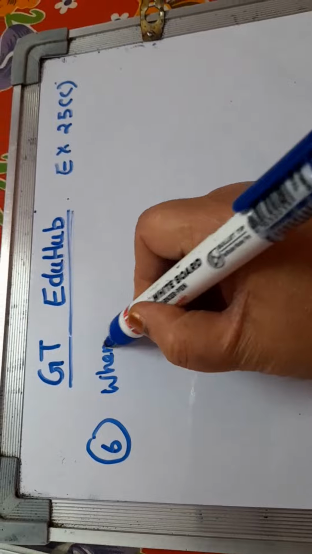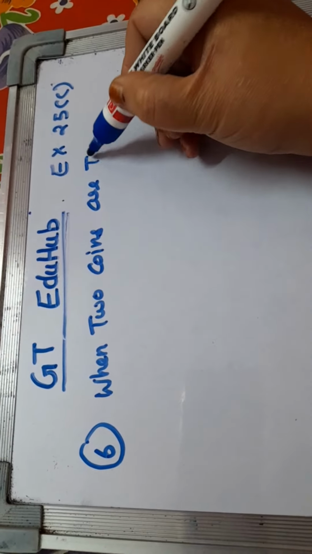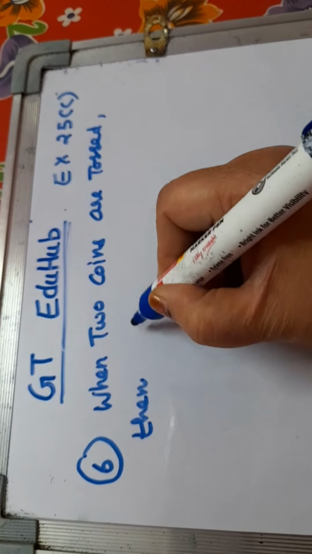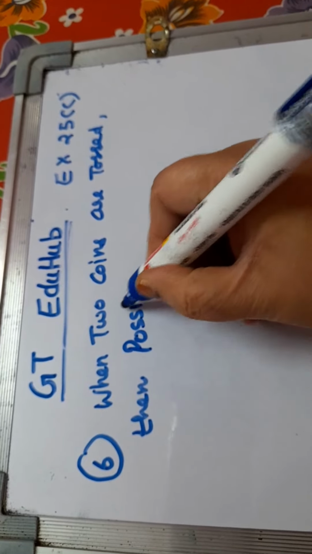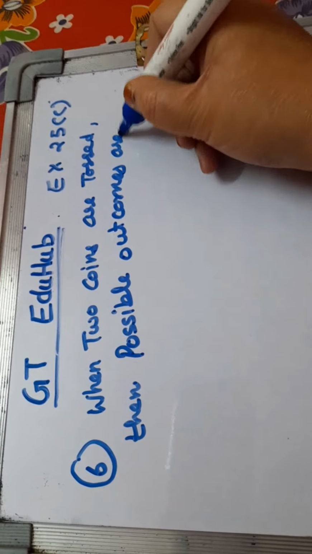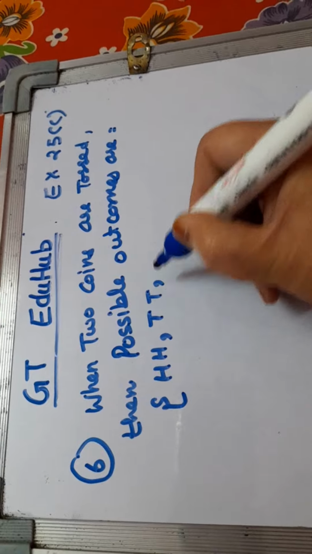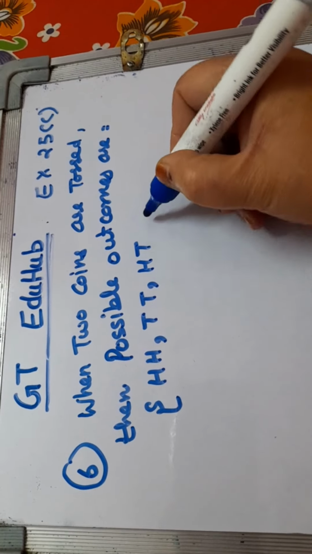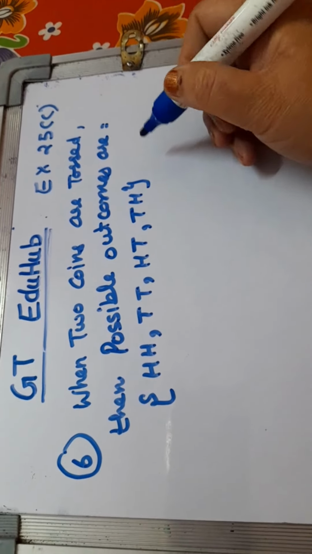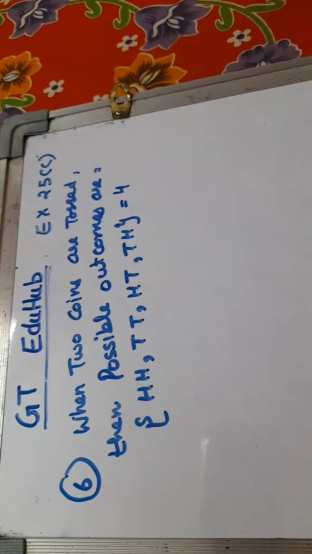When two coins are tossed, then possible outcomes are: there may be head on both the coins, there may be tails on both the coins, there may be head on first and tail on second, or tail on first and head on second. Means total possible outcomes are 4.